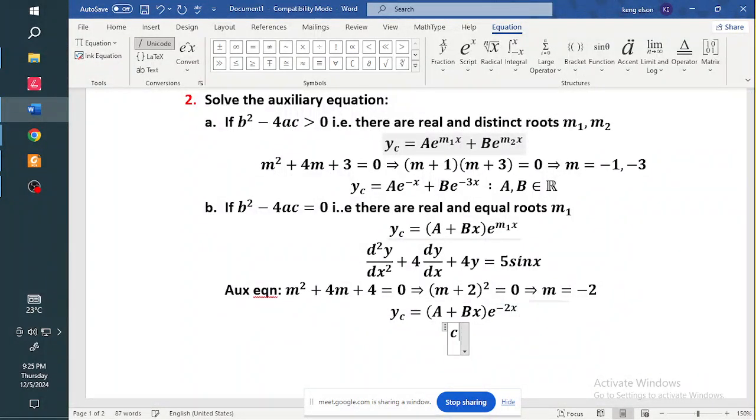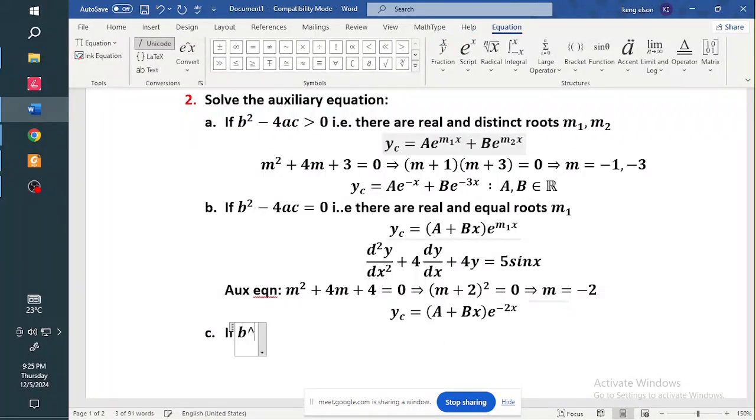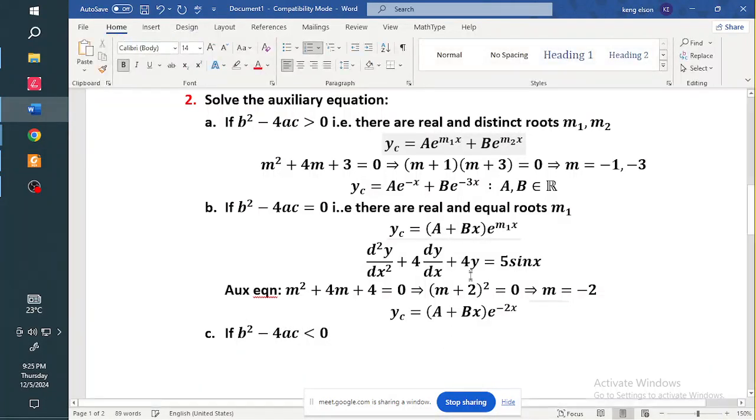And then for the last case, if b squared minus 4ac is less than 0, that is, there are complex roots.